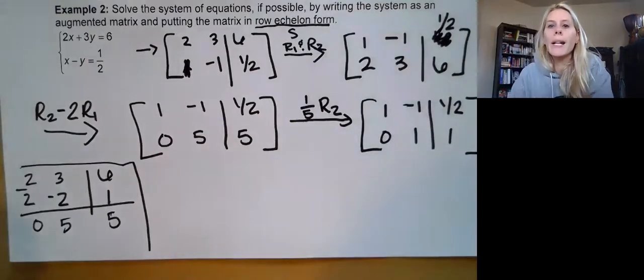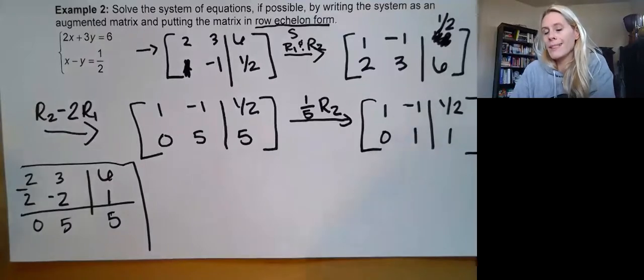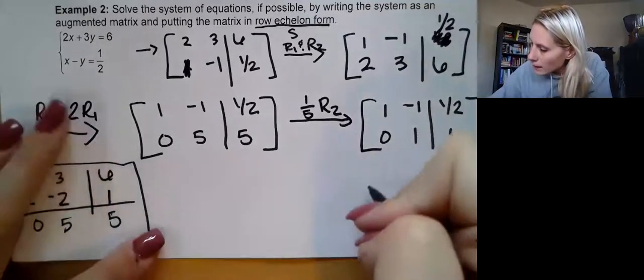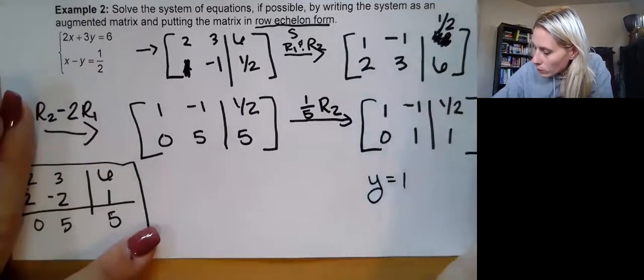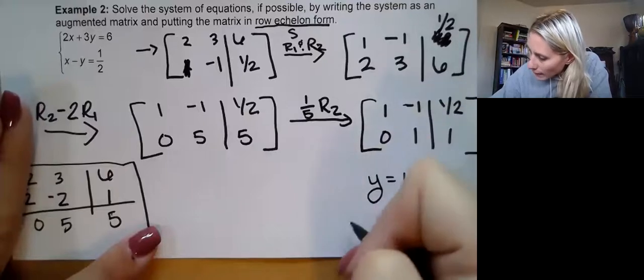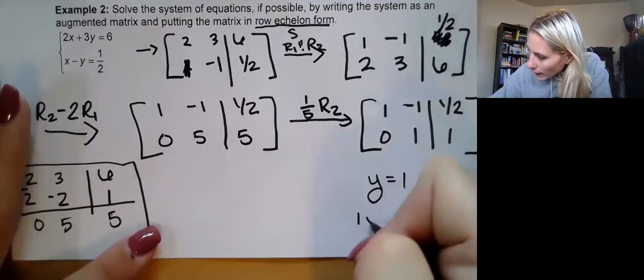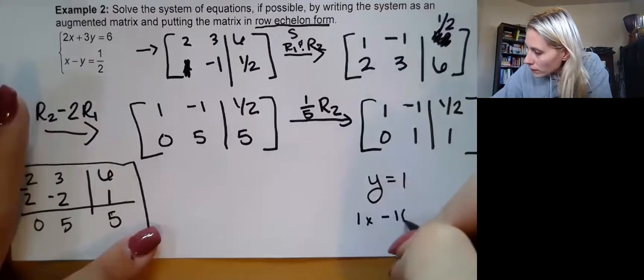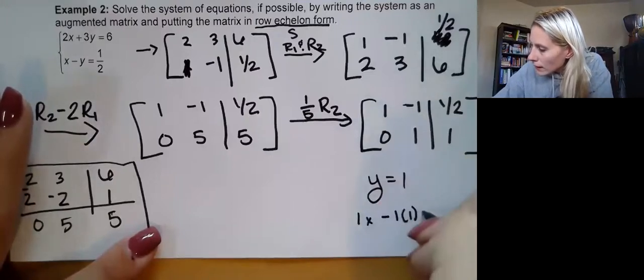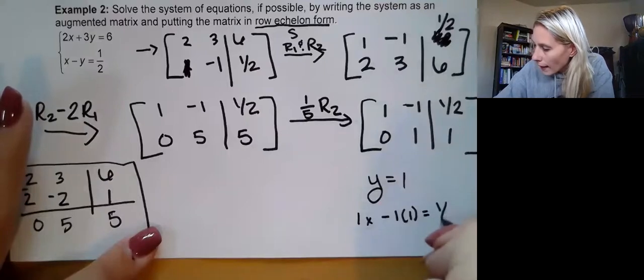Awesome. So it is in row echelon form. It's not in reduced form, but don't worry about it. It is okay because this is easy. We know that y equals 1, right? And so when we plug that into the top, we get 1x minus 1 times 1 equals 1/2.